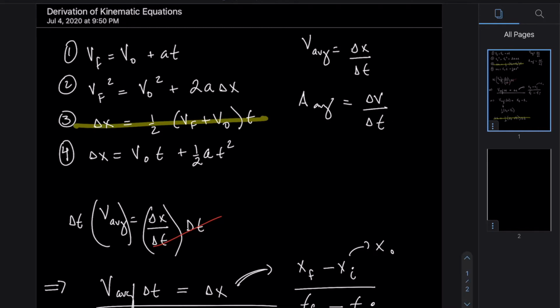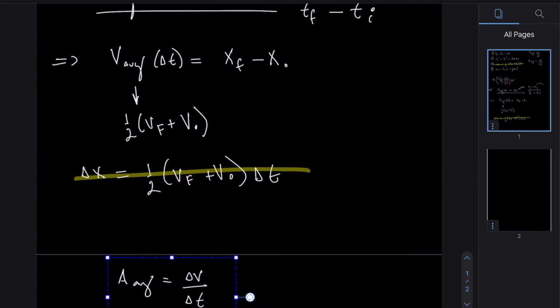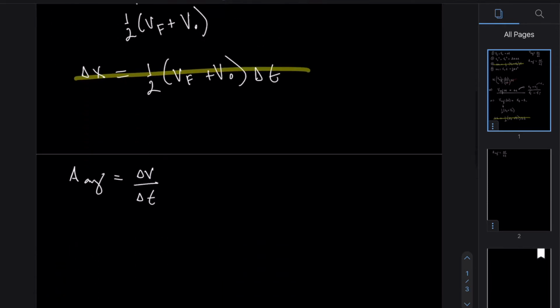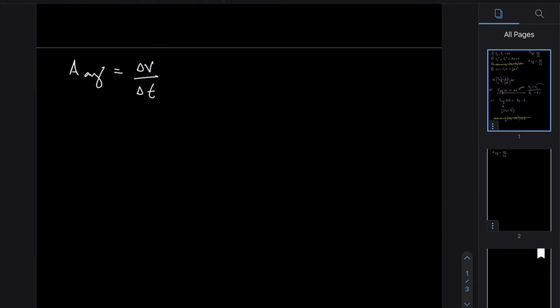So I'm just going to copy that real quick down here. All right. So we're going to start with that. And similar to what we did earlier, we can rewrite this expression as final velocity minus initial velocity over the change in time, so time final minus time initial, right?